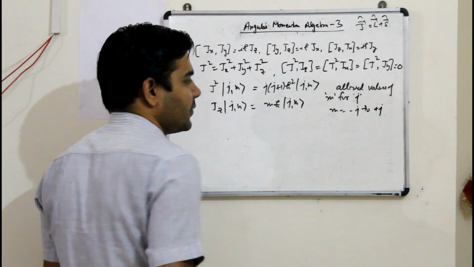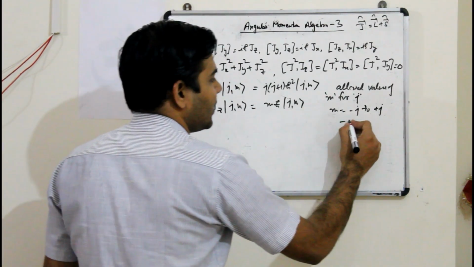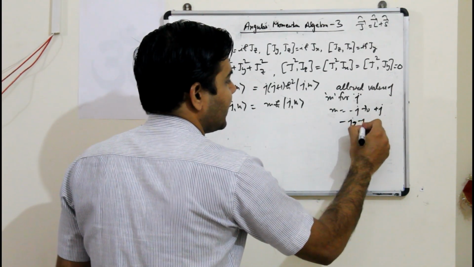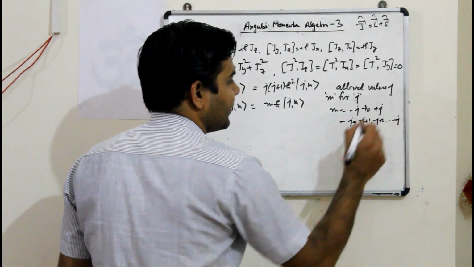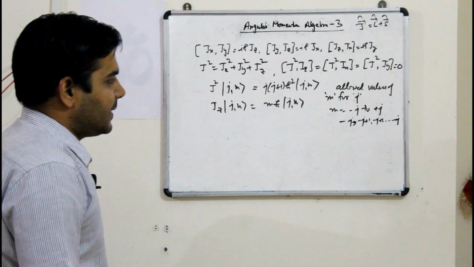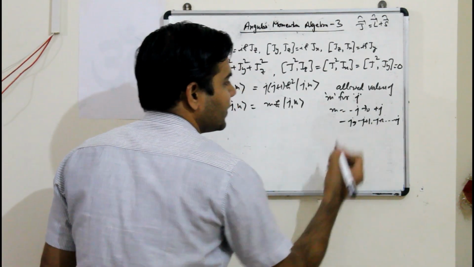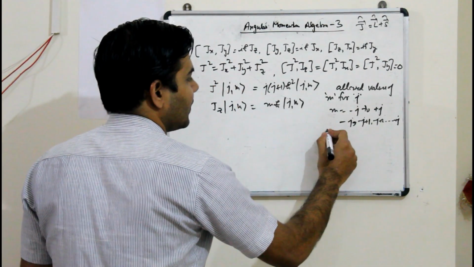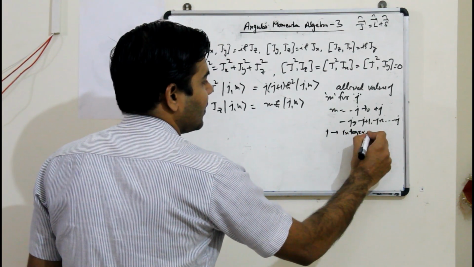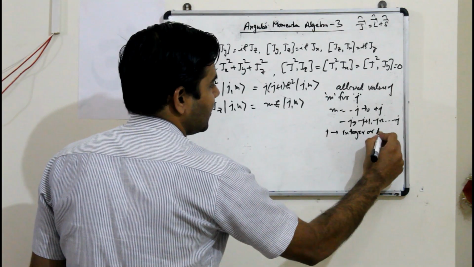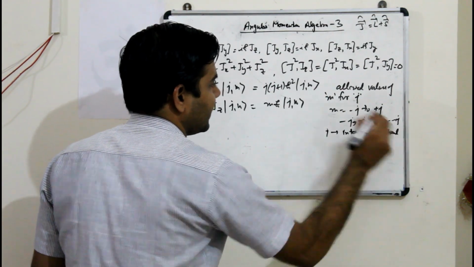For example, minus j, minus j plus 1, minus j plus 2, and so on and so forth up to plus j, where j could be integer as well as non-integer, or fractional, in nature.